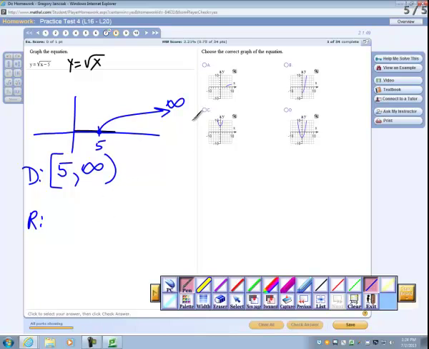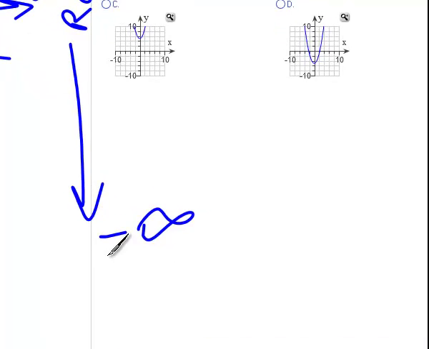Now, the range is for all the y values, right? But the range actually starts where? Here's positive infinity, here's negative infinity, but it doesn't go to negative infinity. Where does it start? Y is at 0, right.